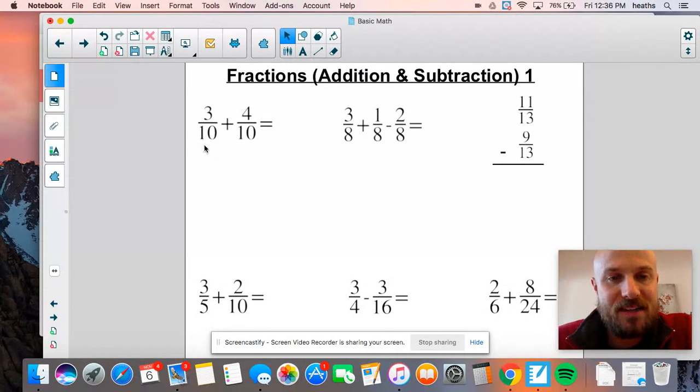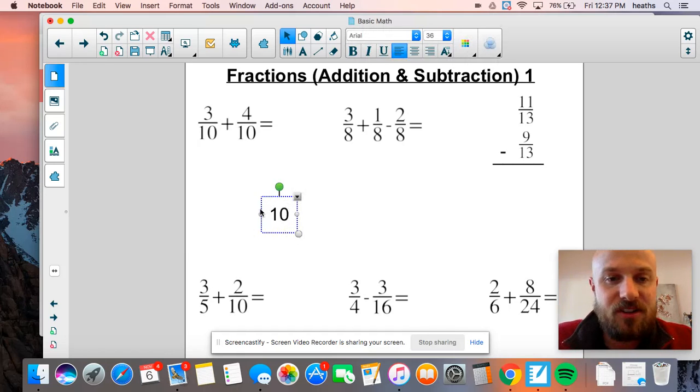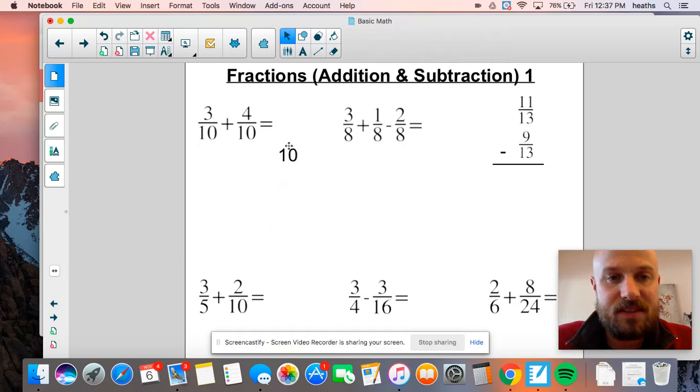So 3/10 plus 4/10 in our first example problem. Now, these are simple. If you notice that the two fractions have the same denominator or bottom number, then that means that your answer is also going to be the same.